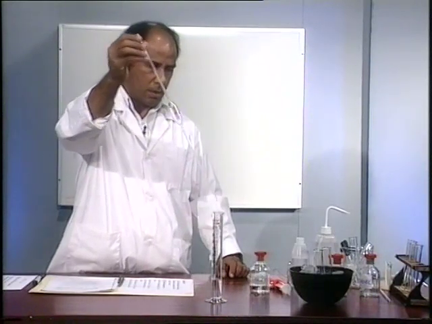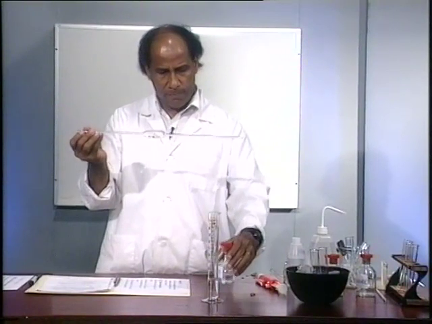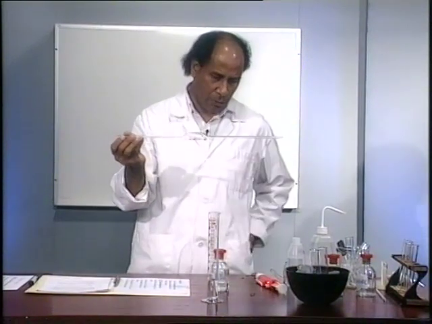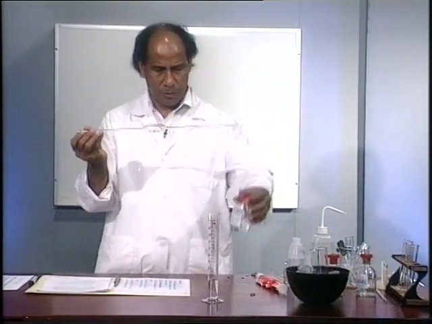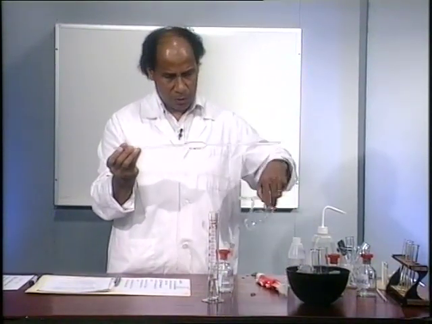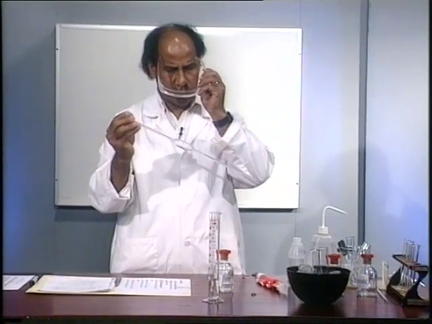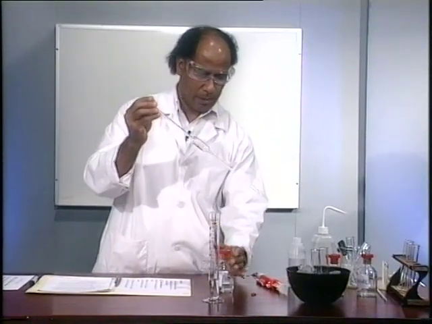All right, so I've got it into there. Now the next one is pipetting 25 cm cubed of cyclohexane. Now it's very important that when you're using chemicals, that you protect your eyes. So you may like to put on your safety glasses if you have one. The first one was water, so that's not too bad.